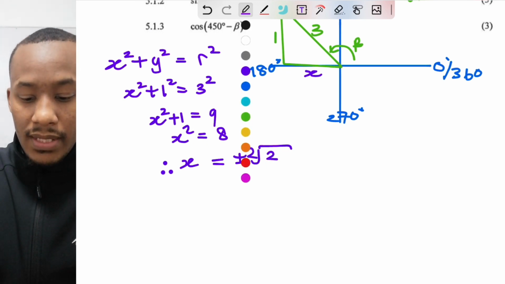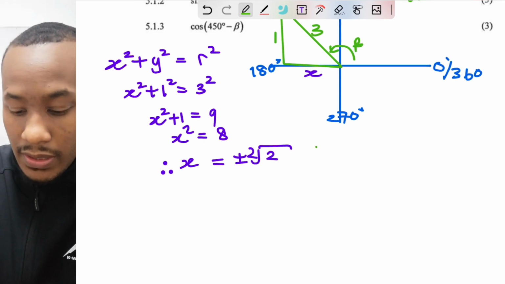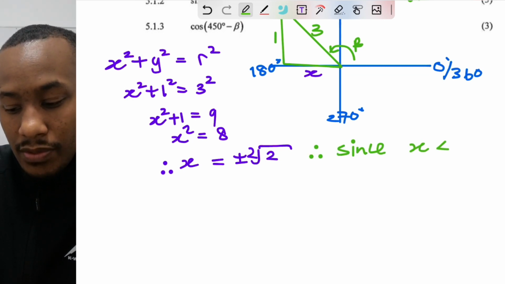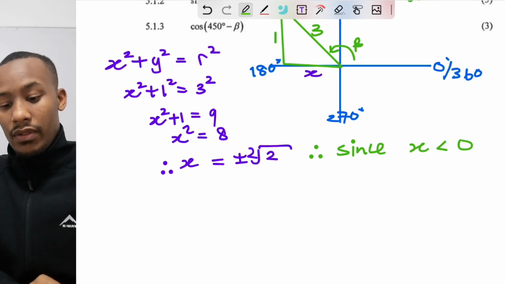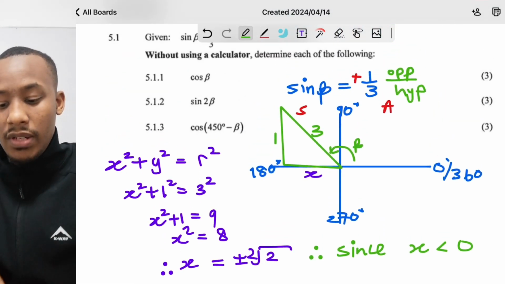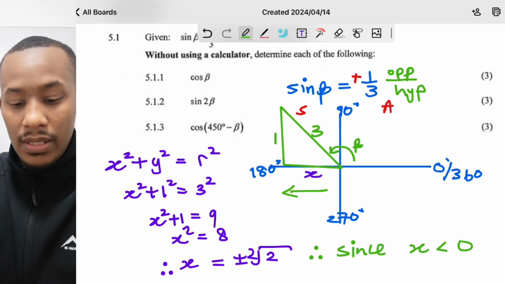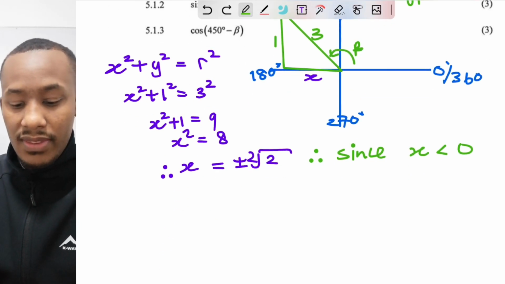Now, I should point out this part. Since we know that x has to be less than 0, just have a look at your Cartesian plane here. x has to be somewhere left of 0, which is negative.